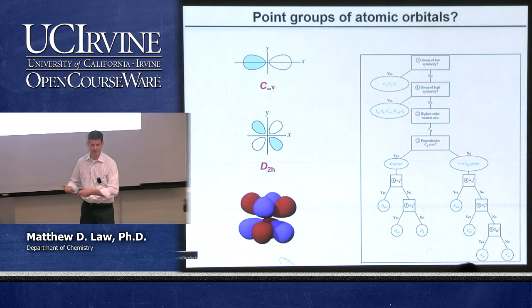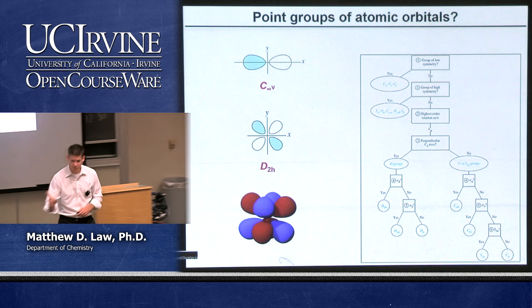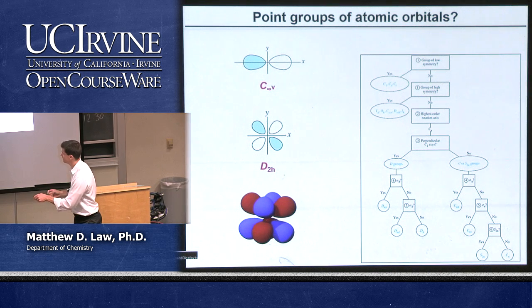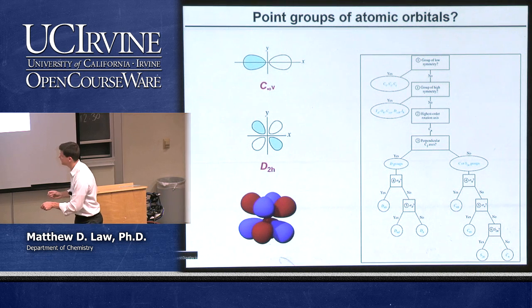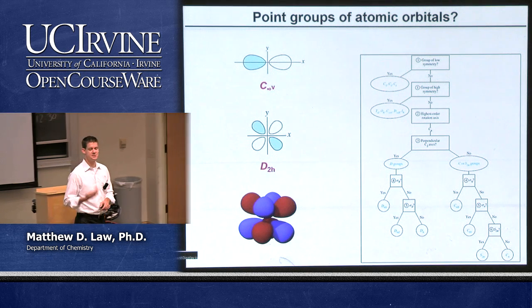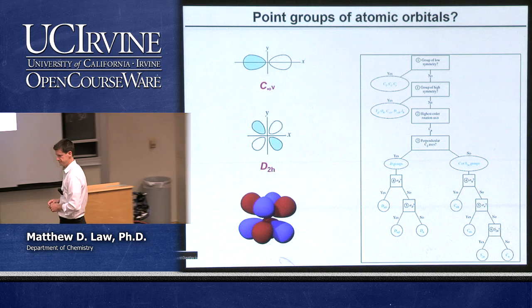Then you add the red lobes on if you'd like, and they do the same thing. Right? So you have one C3 axis through there. You have one C3 axis through there. You have a third one coming from the back of the plane of the board through this way, and you have a fourth one this way. So we have 4 C3 axes. That is the defining characteristic of a tetrahedral point group.